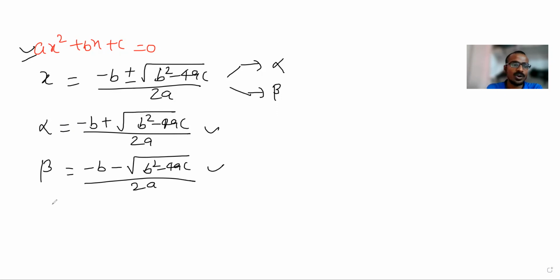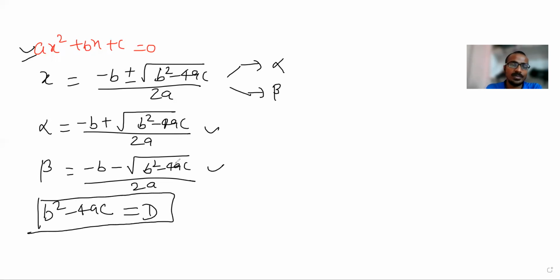These are the two roots of the quadratic equation ax square plus bx plus c equal to 0. Any problem, guys? Now one important thing is that b square minus 4ac is called the discriminant. The value in the root is called the discriminant of the quadratic equation. Hence D is equal to b square minus 4ac.